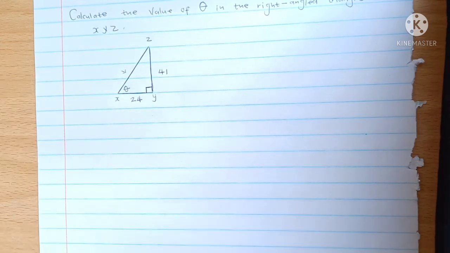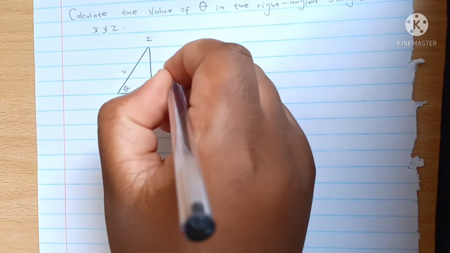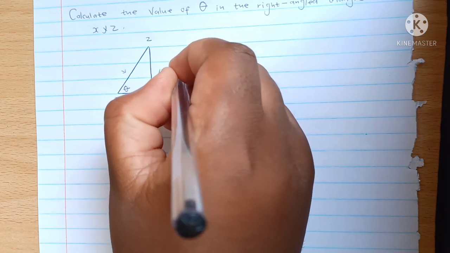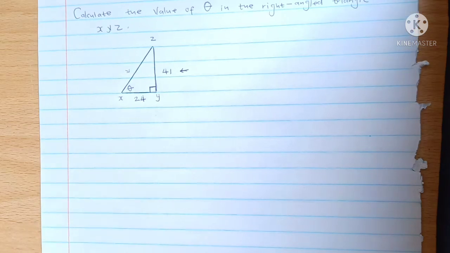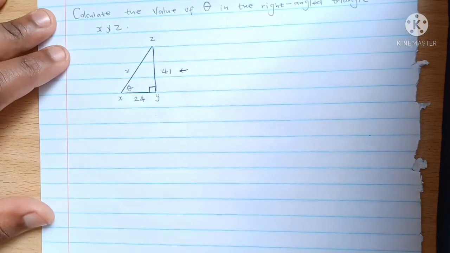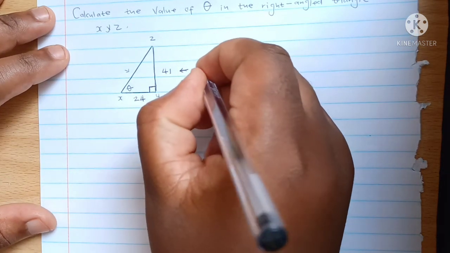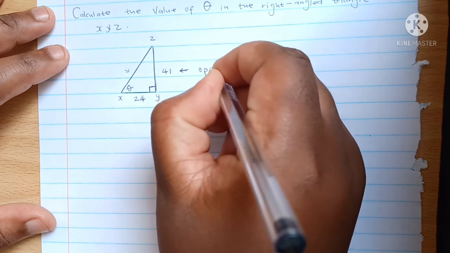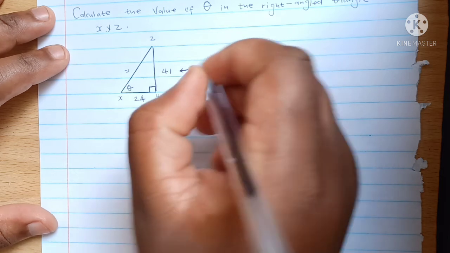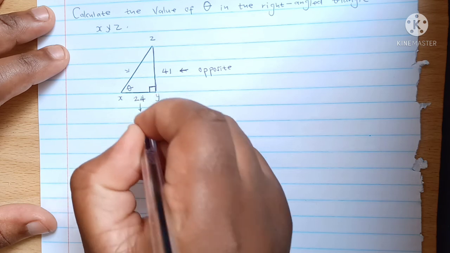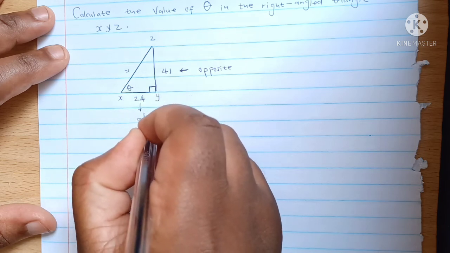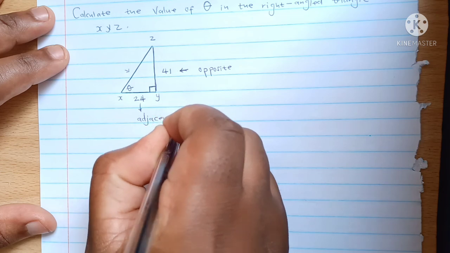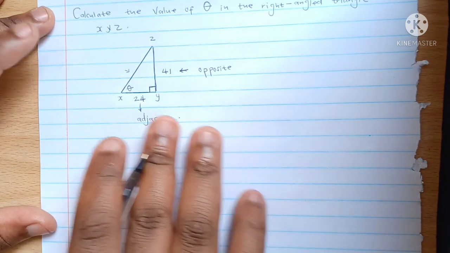The hypotenuse is not given, yet you are given the opposite side of the angle, and also the adjacent side.